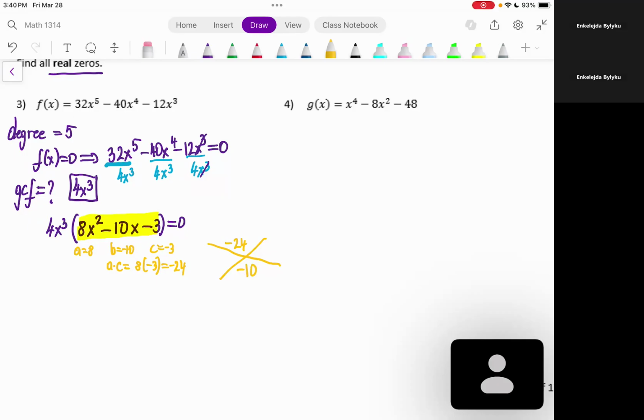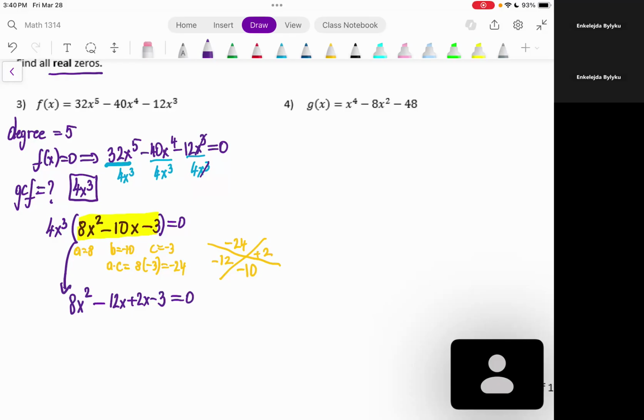Think of the factors of negative 24. 8 and 3, 6 and 4, 12 and 2. If 12 is negative and 2 is positive, that will work. That means I found my numbers to split up the middle term. So I'm going to rewrite this expression as 8x squared minus 12x plus 2x minus 3 is equal to 0.